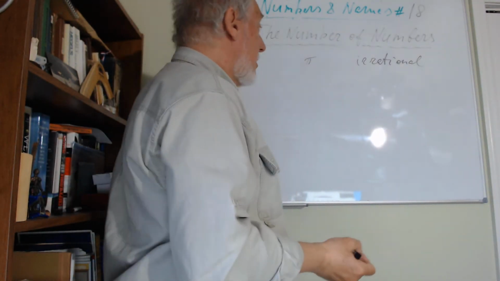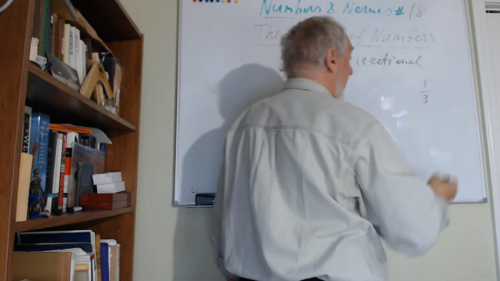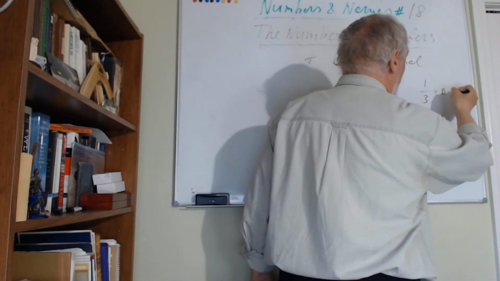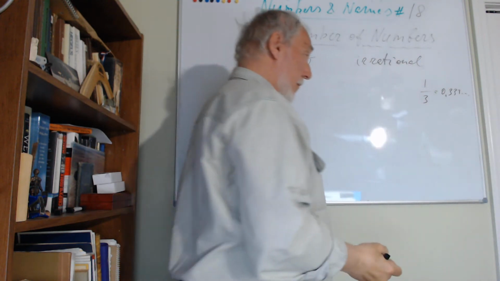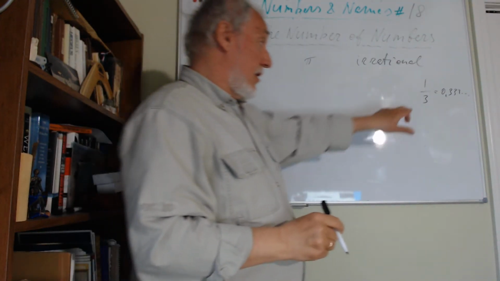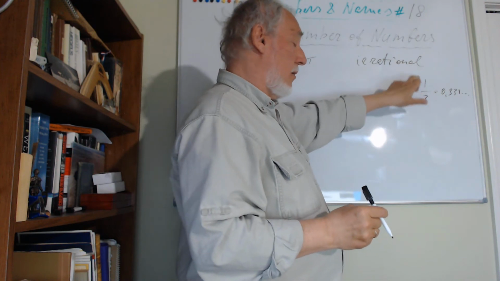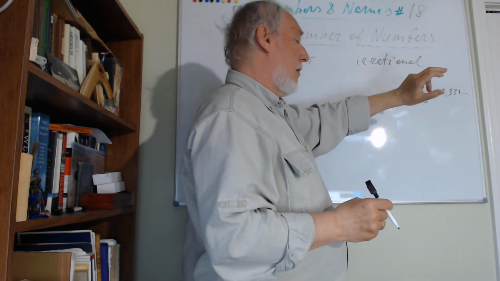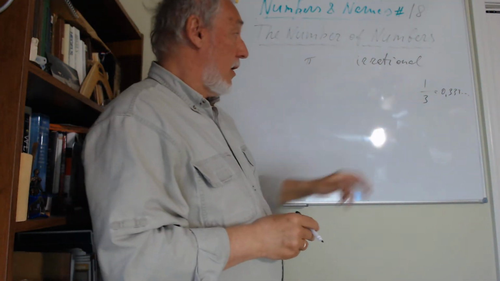You know that rational numbers, like if you try to divide 1 by 3, you will get 3, 3, 3, infinitely too. But this is rational because it's one number divided by another one, one rational number divided by another one.